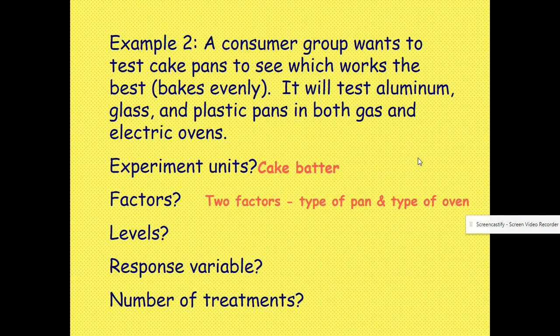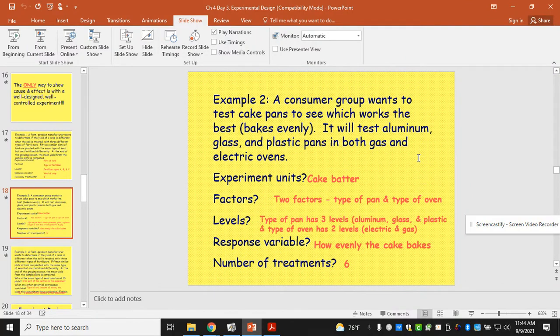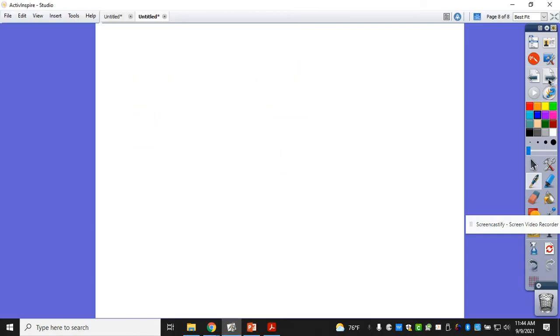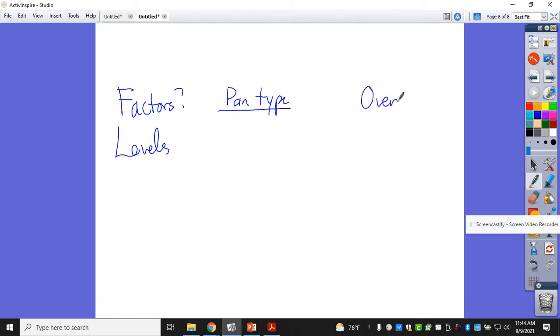So when I usually do this, even though it says what are the factors, what are the levels, even in a problem like this, I would write it as factors, and then what are my levels of pan type?